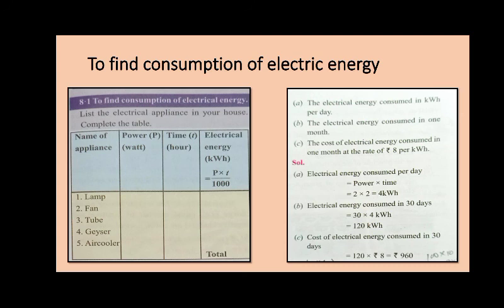That will be 120 into 8, rupees 8. So this geyser will consume rupees 960, and the energy consumed by the geyser will be of this much cost. So by this method you can find out your monthly consumption of electricity.